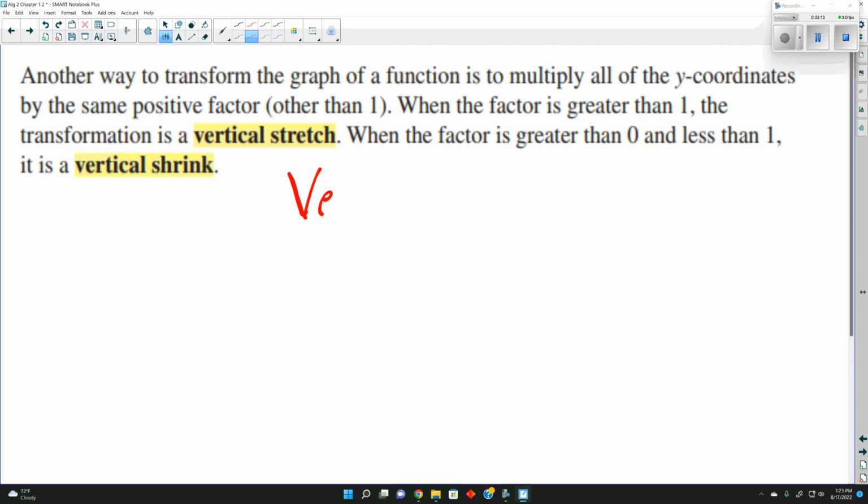So vertical stretch. And now it's considered to be a vertical stretch when A is greater than 1. I think this will make it a little bit clearer. When the absolute value of A is greater than 1.